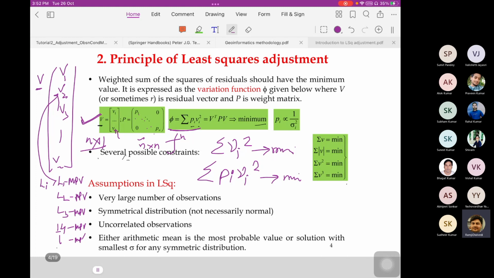But if you do not consider their weight, what will happen? The higher quality data would get the same correction in comparison to the lower quality data, which you never want, because you want the quality of the data set to be considered while adjusting the data set. Please remember.